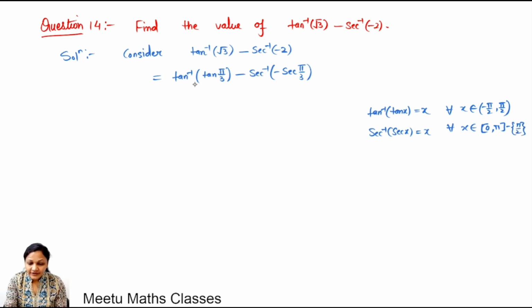Now, this pi by 3 lies in the open interval minus pi by 2 to pi by 2. So tan inverse of tan pi by 3 can be written as pi by 3.